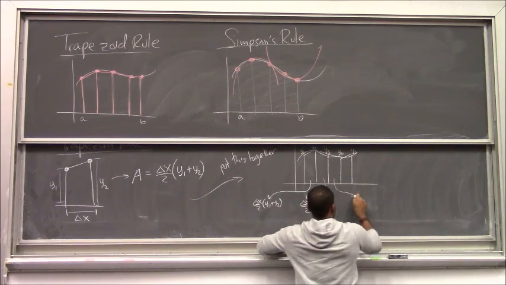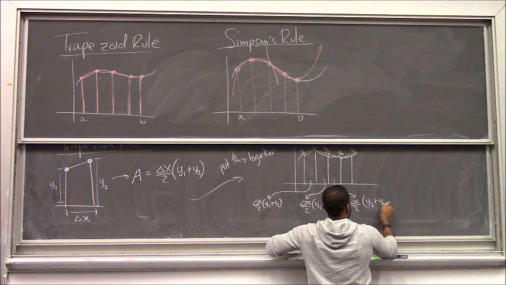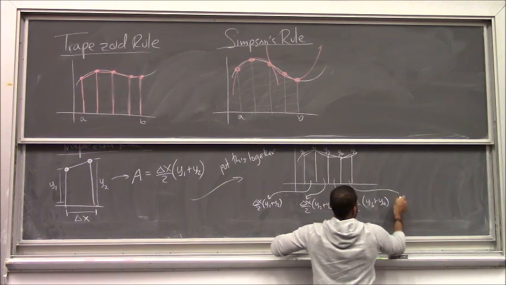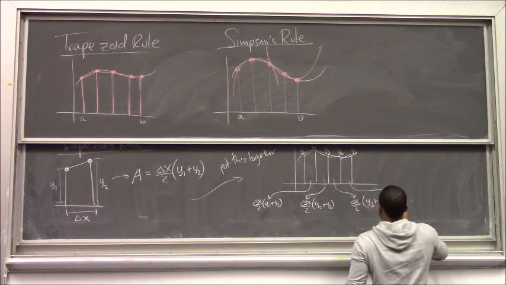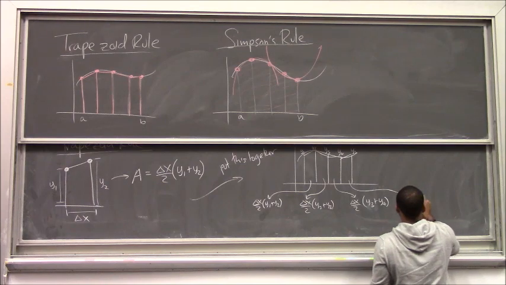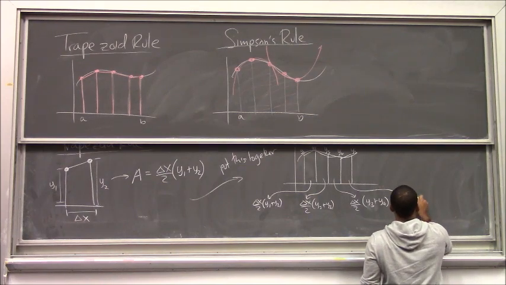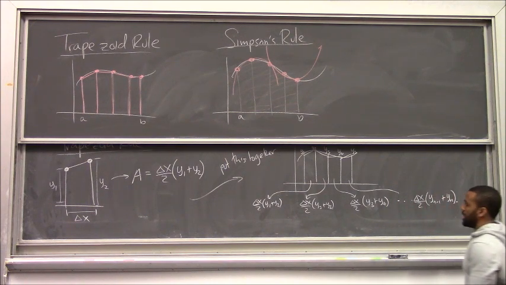This one is going to be delta x over 2 times y3 plus y4. And dot, dot, dot, etc. Up until the last one, but you can pretend it extends much longer. You would have delta x over 2 times yn minus 1 plus yn. That would be the very last guy.